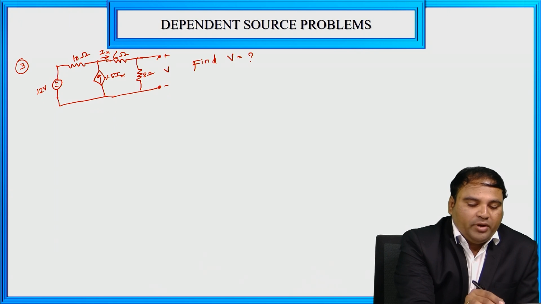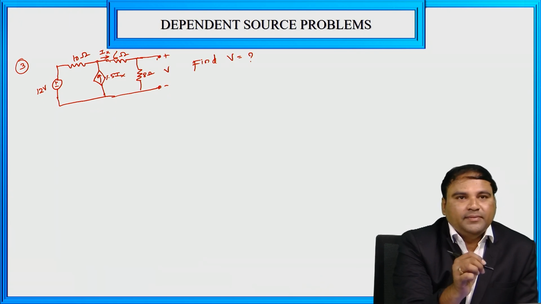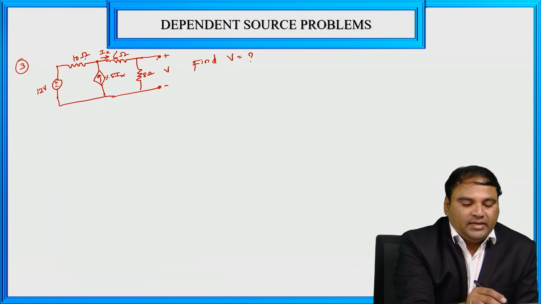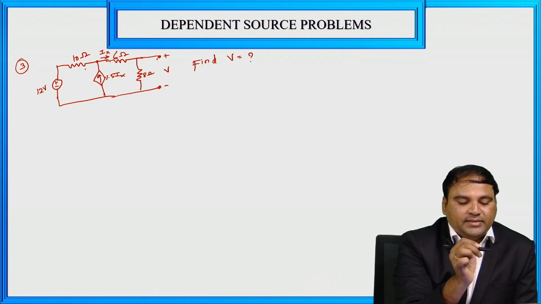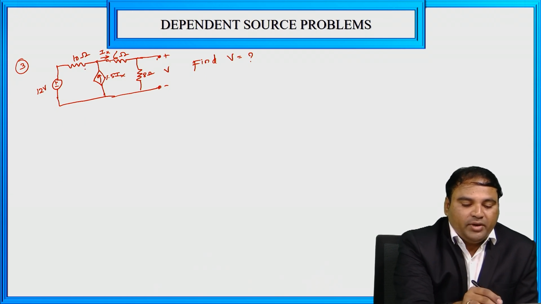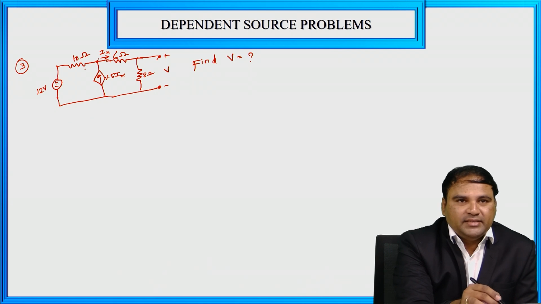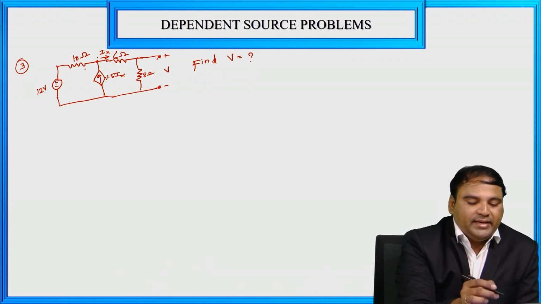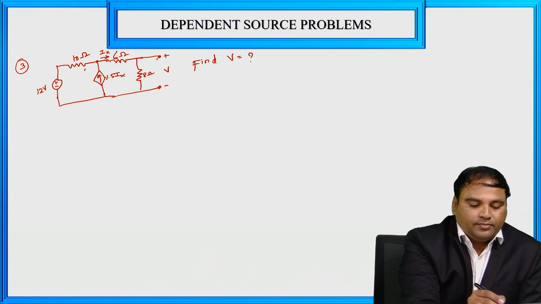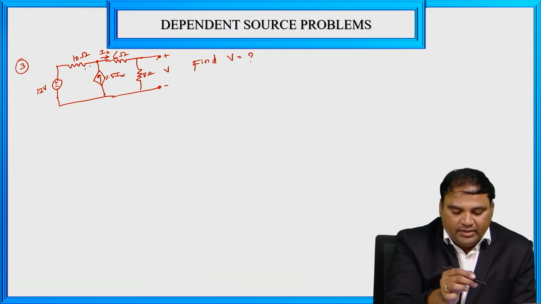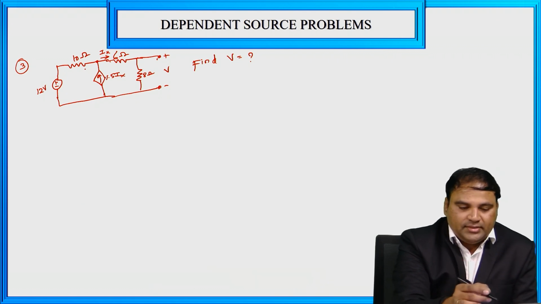So at this node point apply KCL. Let us take this as some X value, let us take this as X. So at this node point incoming currents is equal to the outgoing currents. So what are the incoming currents? So this side we are having the incoming currents.